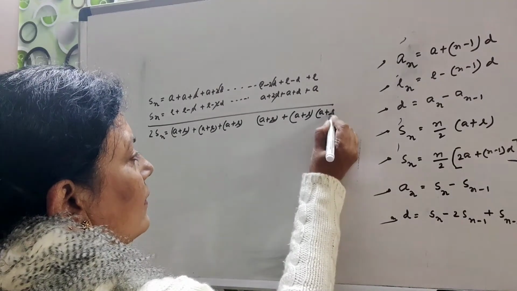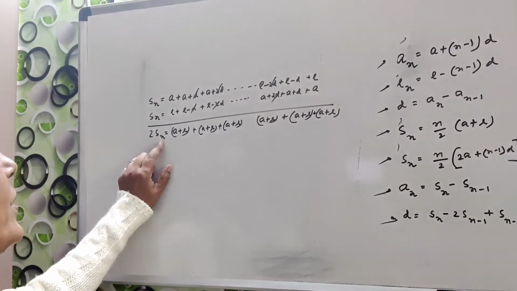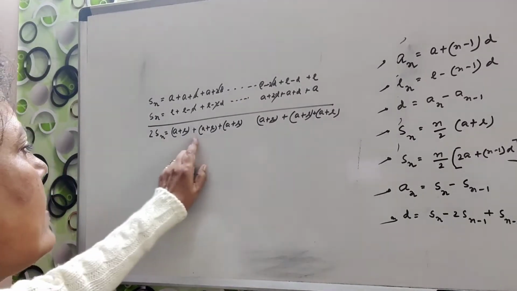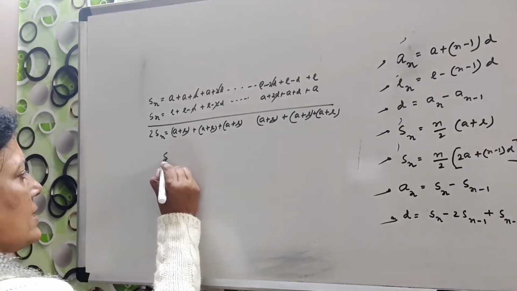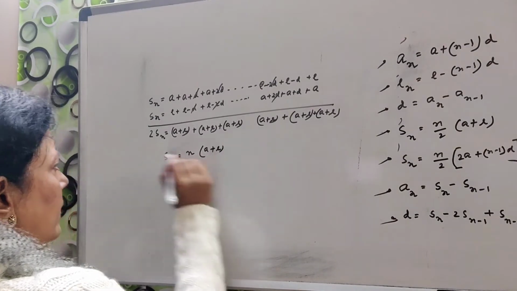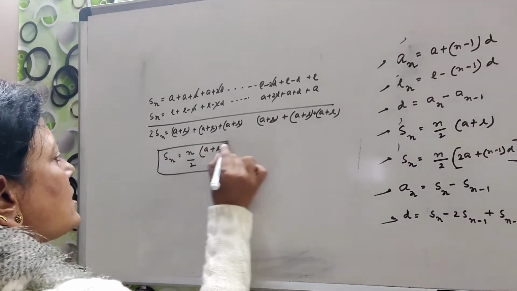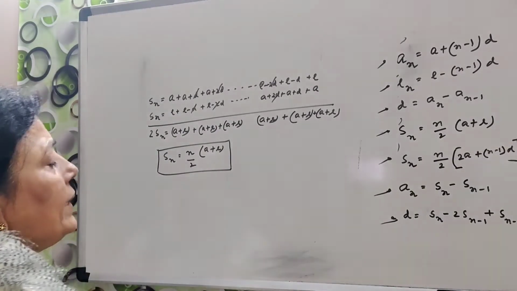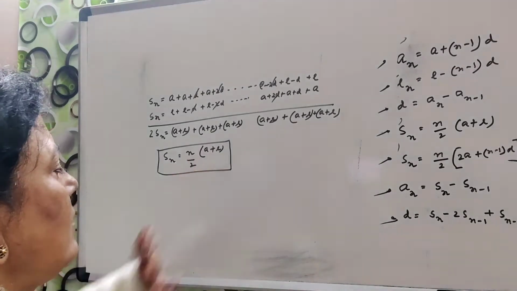Since the total number of terms is n, A plus L will come n times. So Sn is equal to n times (A plus L) divided by 2. This is the general formula of the summation of n terms, where the first term A and the last term L are known.